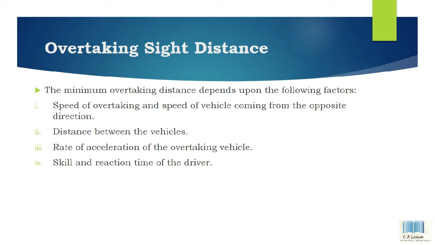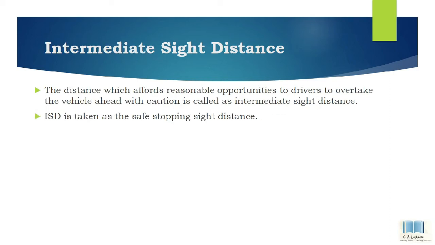Now the next type is intermediate sight distance. The distance which affords reasonable opportunities to drivers to overtake the vehicle ahead with caution is called intermediate sight distance. Intermediate sight distance is taken as twice the safe stopping sight distance.